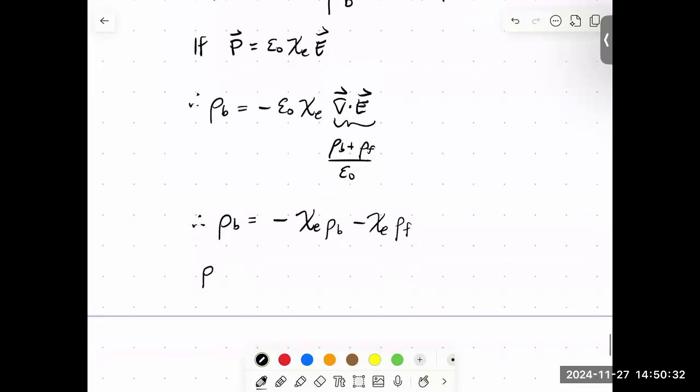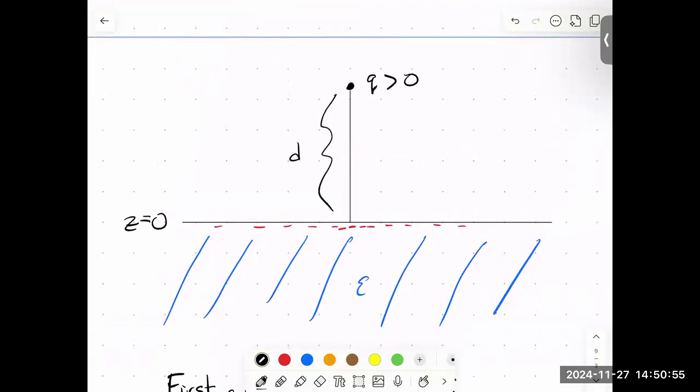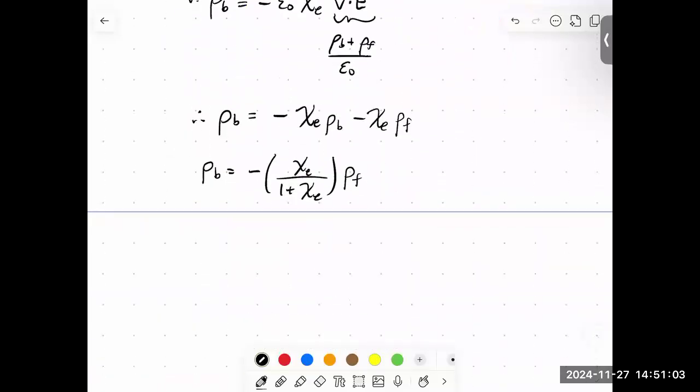And if you solve for the bound charge density, it would be minus chi E over 1 plus chi E times the free charge. So this actually isn't relevant to our problem because our dielectric has no free charge. The only free charge is this point charge, which is outside of the dielectric. So in this case, we would find that rho B would be equal to 0. But this is a useful result for potentially other types of problems.